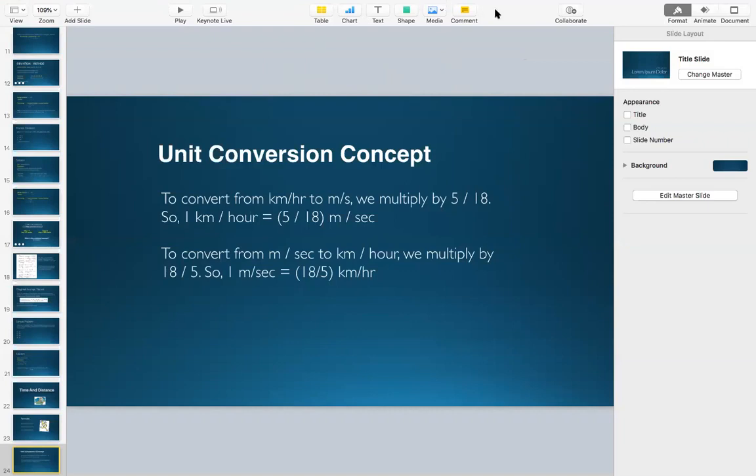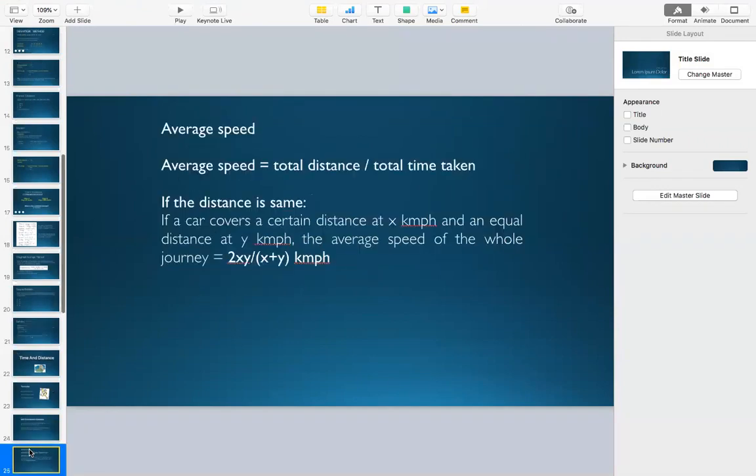And when you are going from a smaller unit, meter per second, to a bigger unit, kilometer per hour, you will multiply it with a fraction which is more than 1, so you will go for 18 by 5. Okay, this will work only from kilometer per hour to meter per second, not for any other units. Clear? Now the next concept is the concept of average speed.